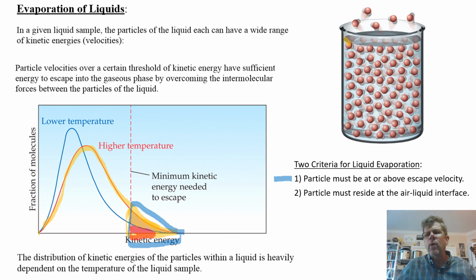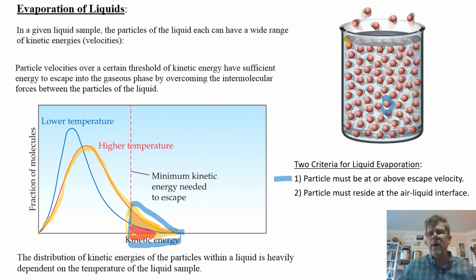So let me ask you a question. What about this particle in this beaker right here? It could be moving as fast as you'd like, but it would never be able to evaporate. Why? Because it is in the middle of that column of liquid.